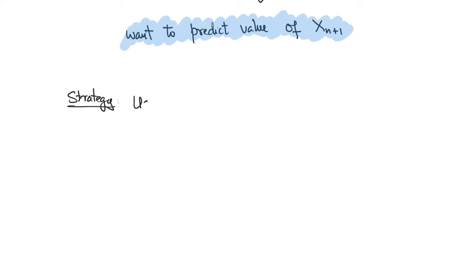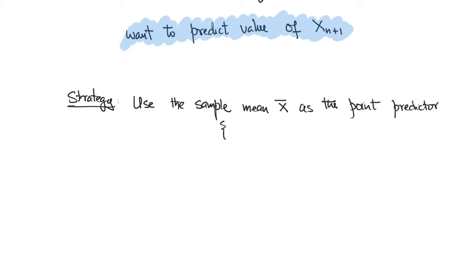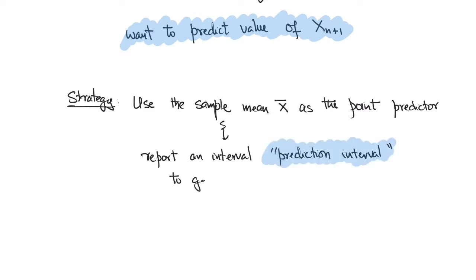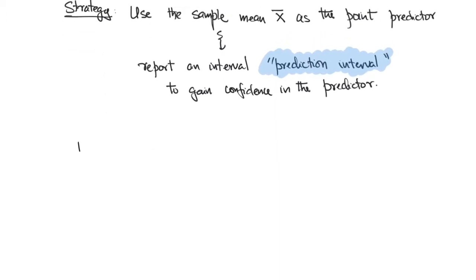The strategy is to use the sample mean as the point predictor. And for the same reasons as we discussed about point estimators, the point predictor is going to have no measure of reliability attached to it. So, to solve that problem, we will in fact report a prediction interval to gain confidence in our predictor.